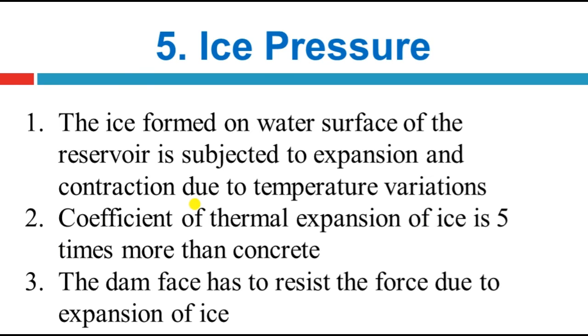Ice pressure. When ice is formed on the outer surface of the reservoir, it is subject to expansion and contraction due to temperature variation. When the ice sheet is formed on the top surface of the water, it creates a horizontal force on the face of the dam, and the face has to resist the force due to expansion of ice.